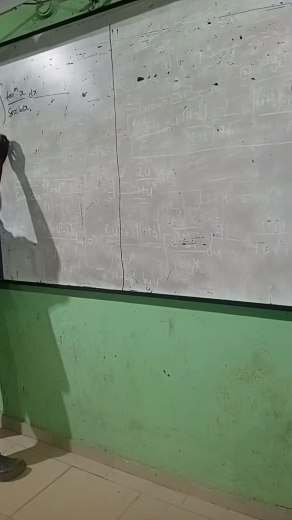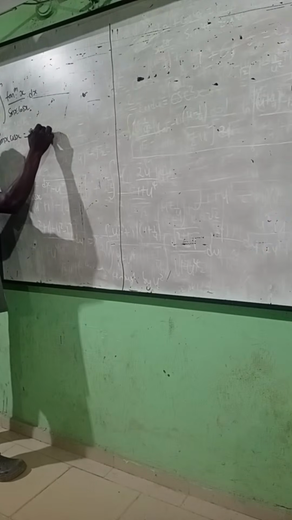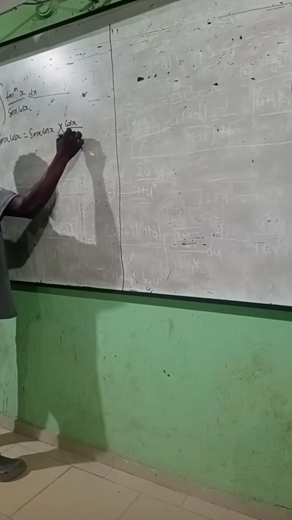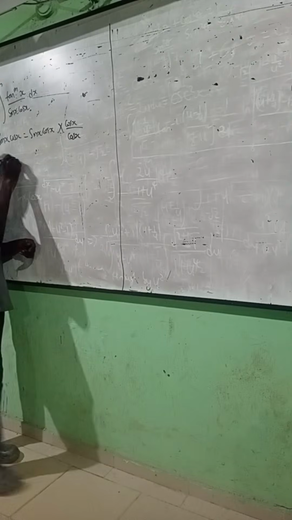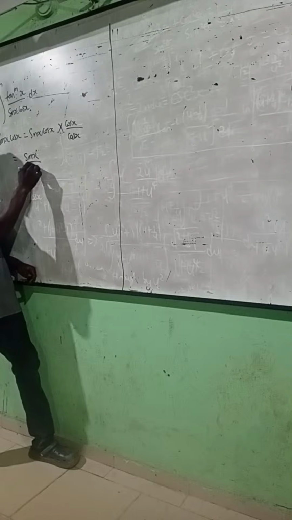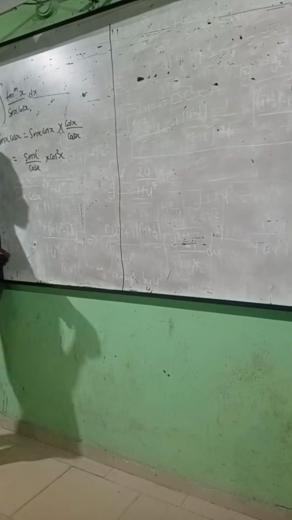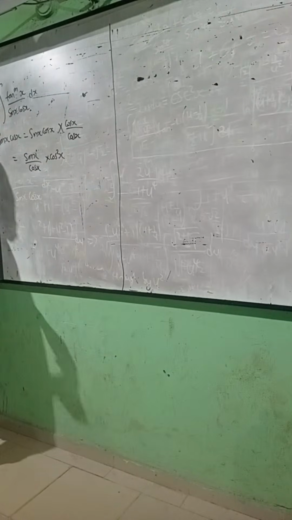Now, sin x cos x equals sin x cos x times cos x over what? Cos x. Isn't it? Yeah. Equals sin x over cos x, times cos square x. Am I right? Yeah. Take this down here. Then this times this, you get this.